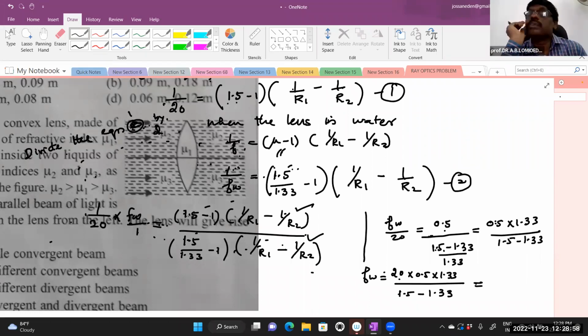How much? 1.5 minus 1.33 is 0.17, right?